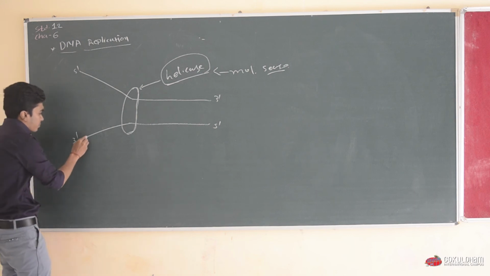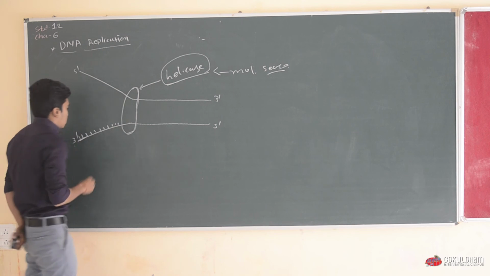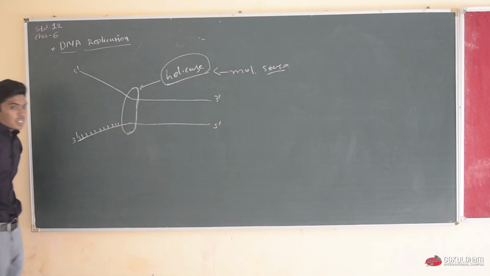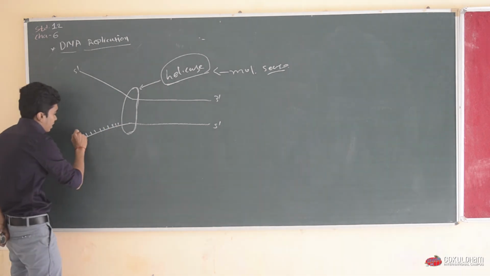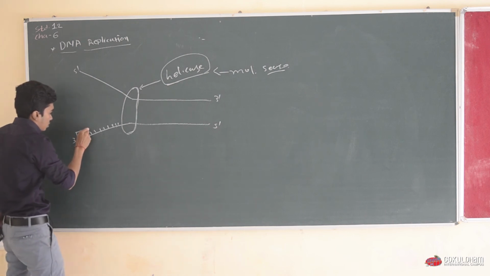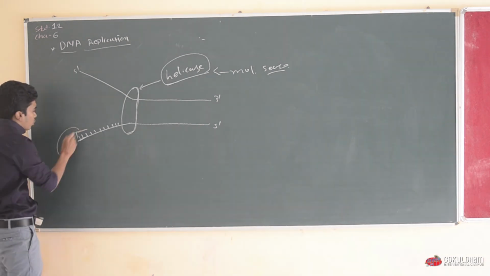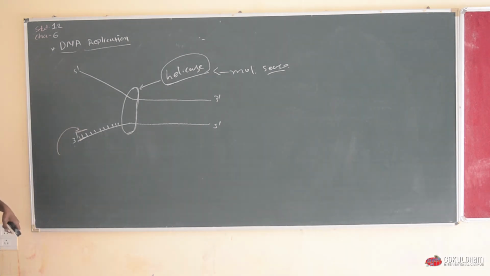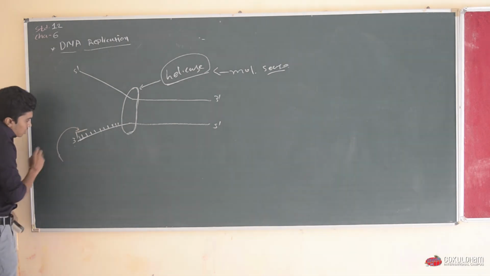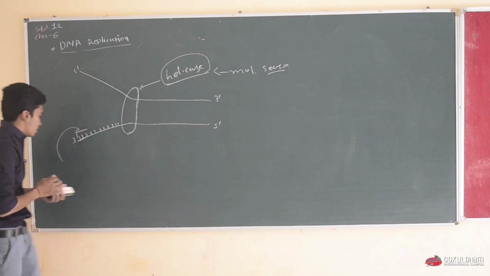Now after cutting, what will happen? One primer will be added here. This is the primer. And the question arises, where does this primer come from? The primer comes from one enzyme, known as primase.